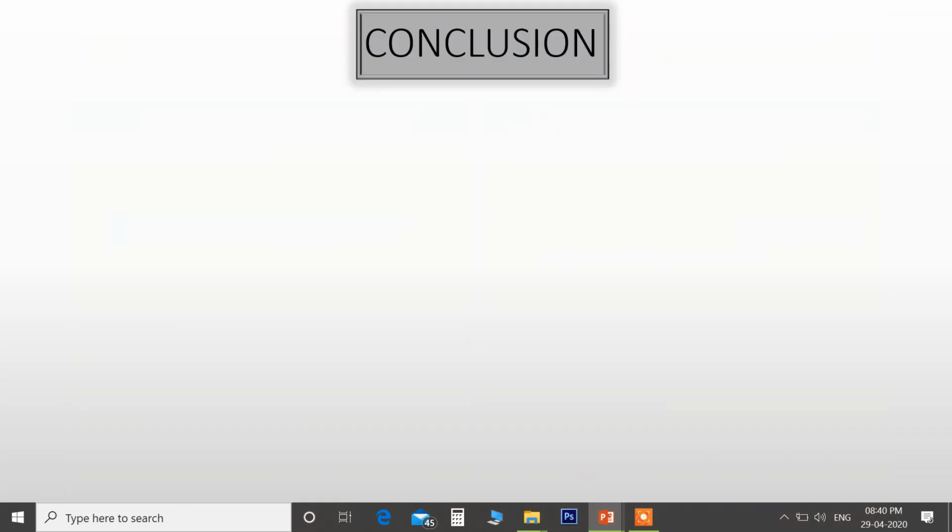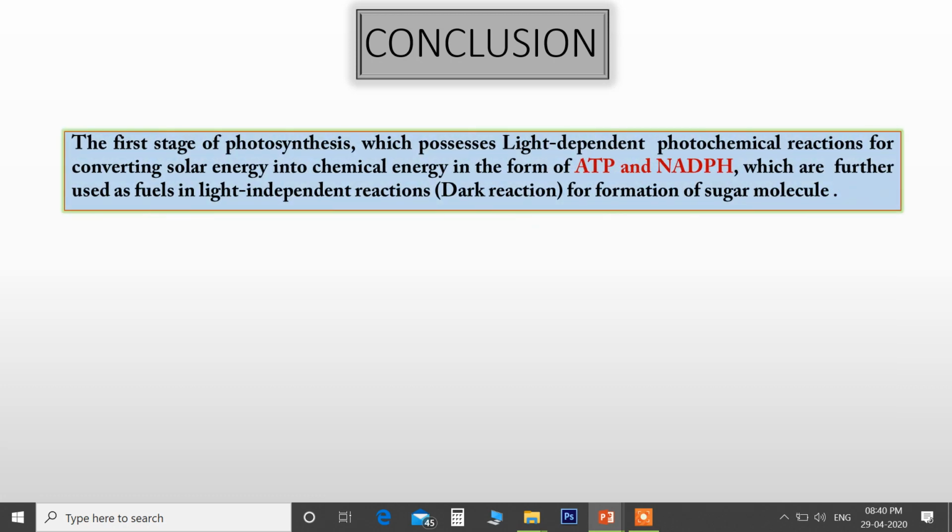So let's conclude what we learnt about light reaction in the previous videos also. Light reaction is the first stage of photosynthesis which possesses light dependent photochemical reactions for converting solar energy into chemical energy in the form of ATP and NADPH, which are further used as fuels in light independent reactions, that is dark reaction, for the formation of sugar molecule.